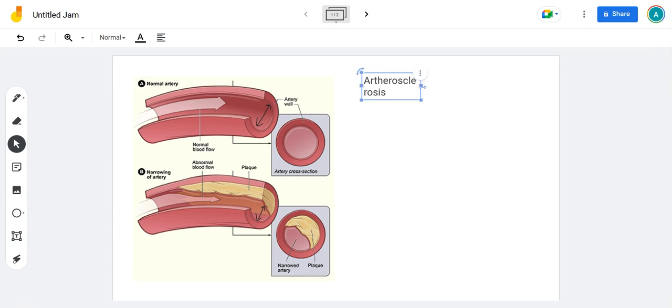Atherosclerosis is obviously the name of it, so you need to know that. The next thing is we need to know that it happens in the artery wall, in the endothelium layer. So be really, really specific. In your language, they want you to say in the artery wall.